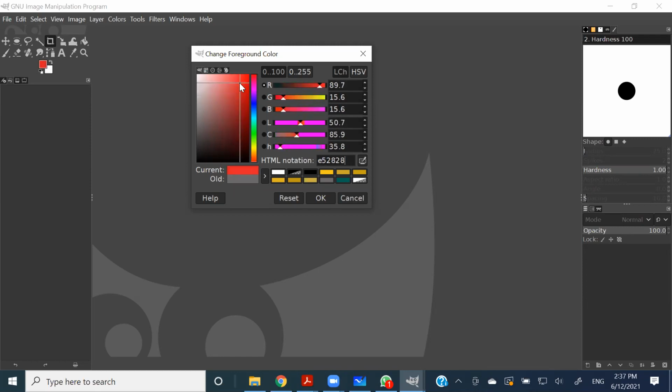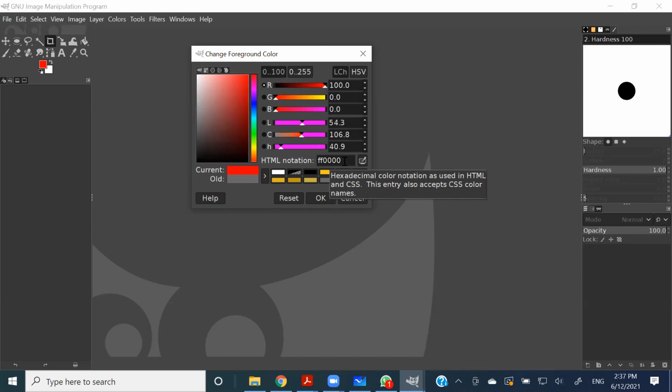Now, if you change the color, if I click on this red area, you can see the color change, right? Now, if I move it to the very red, you can see it's 100 for red, 0 for green, and 0 for blue. And you can see the HTML notation FF0000, right?